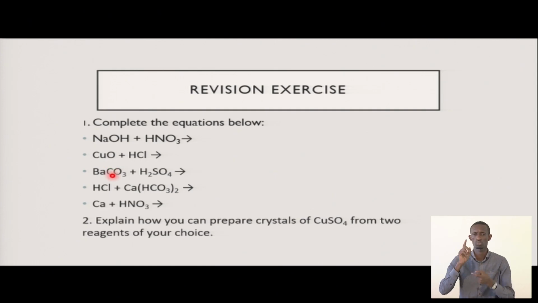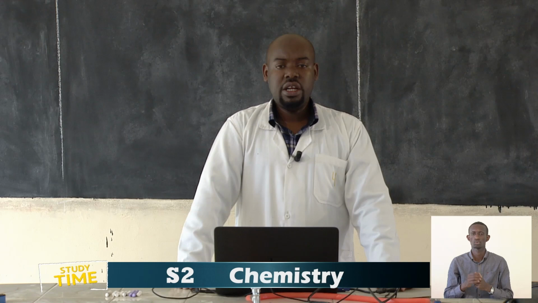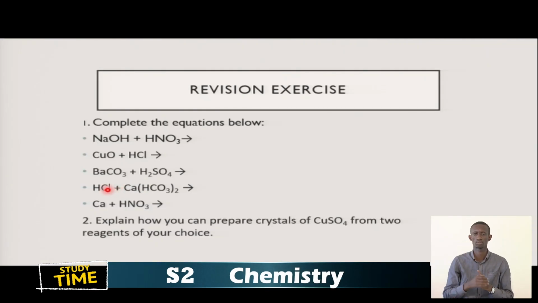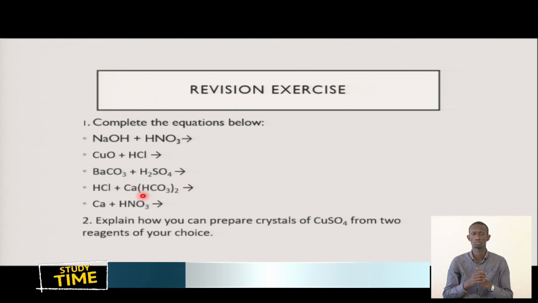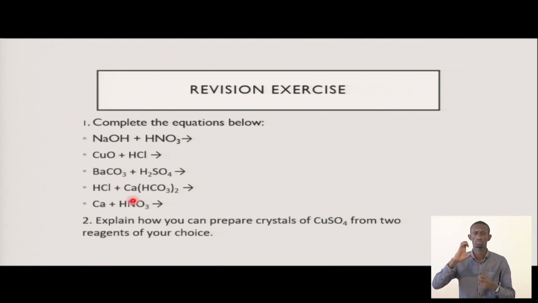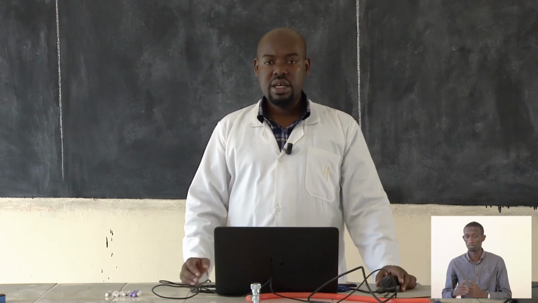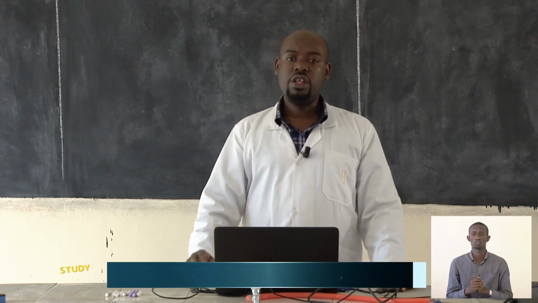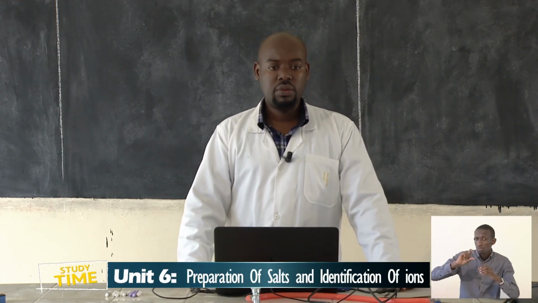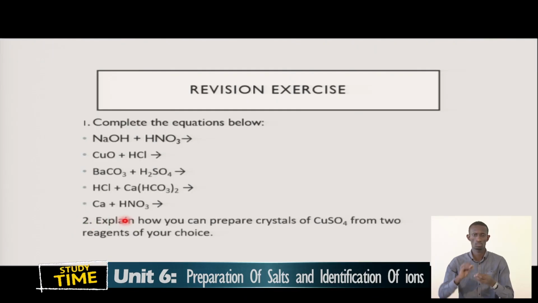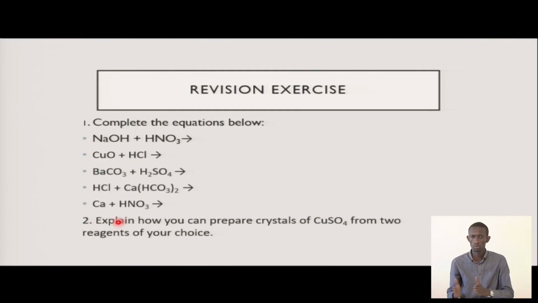Number 3, we have barium carbonate reacting with sulfuric acid, and next is hydrochloric acid reacting with calcium hydrogen carbonate, and calcium reacting with nitric acid. Here you should remember to complete the equations, balance them, and don't forget to include the state symbols. And then, number 2, you explain how you can prepare crystals of copper sulfate from 2 reagents of your choice.